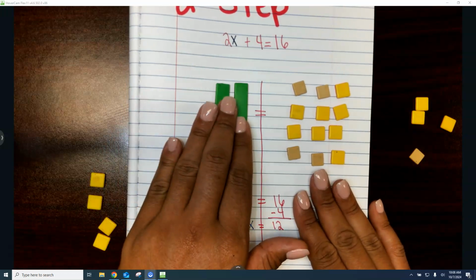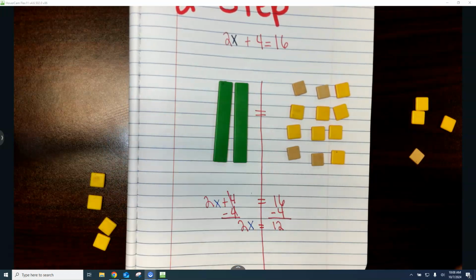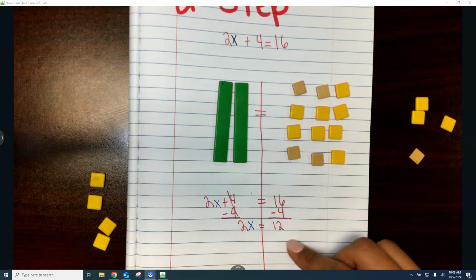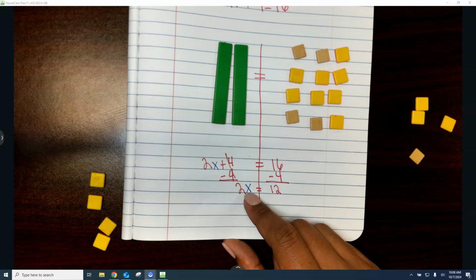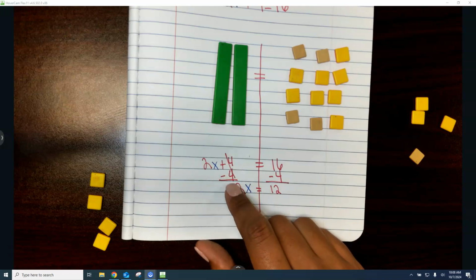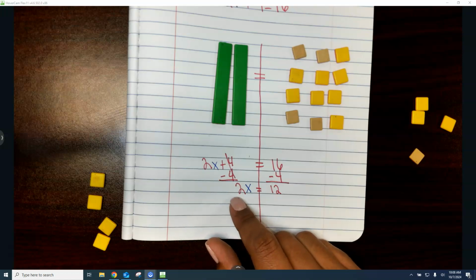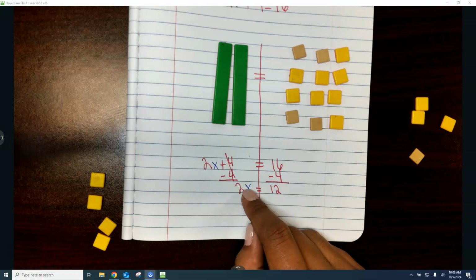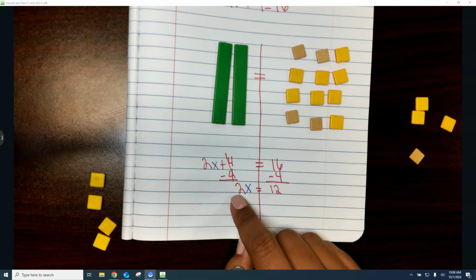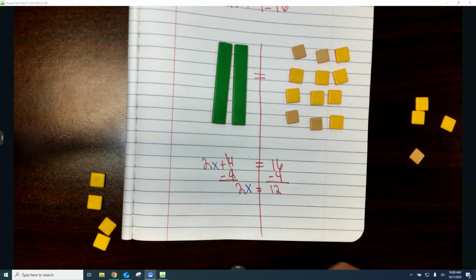But I still have two groups, two x's. And I see that my 2 is being multiplied to my unknown, my variable. So, same thing we did here. We find the inverse or the opposite operation that needs to be done. If this is being multiplied, the opposite of multiplication is division.